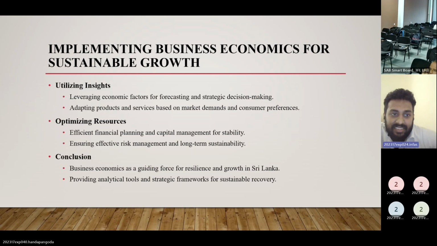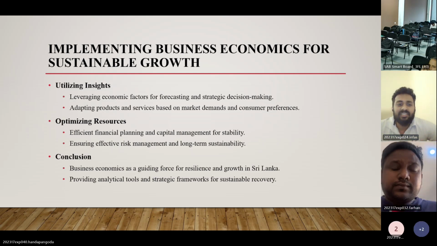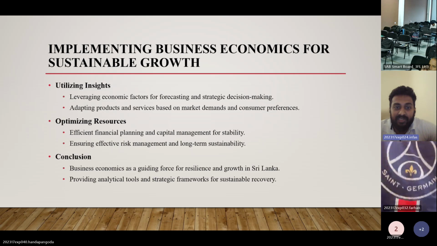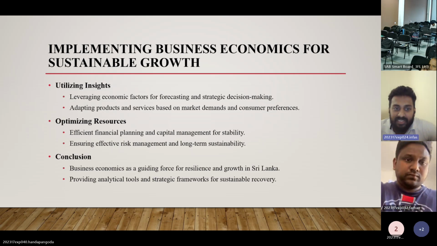Utilization of insight, utilizing insight in today's economic business, leads to success. It helps businesses understand things like GDP growth, customer behavior, prediction of market trends, and smart choices, and then businesses can quickly adapt accordingly.